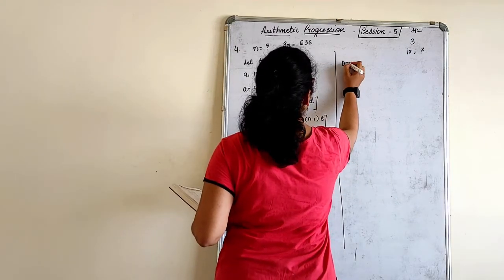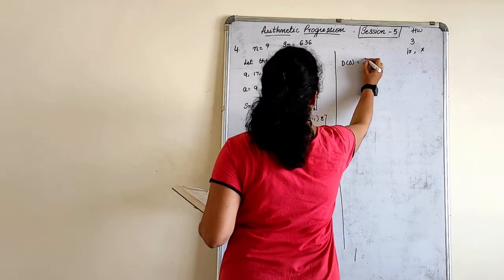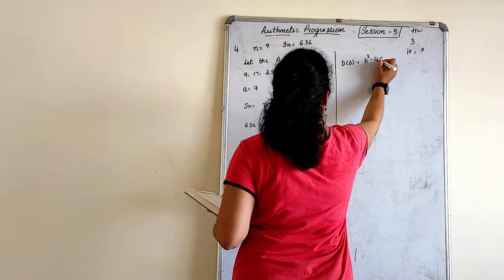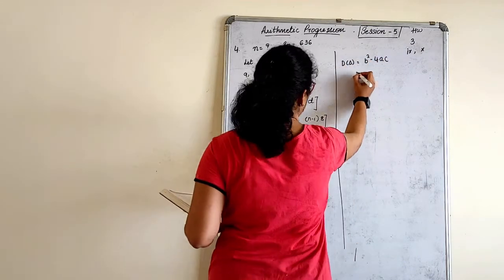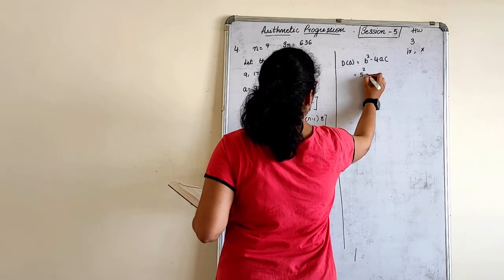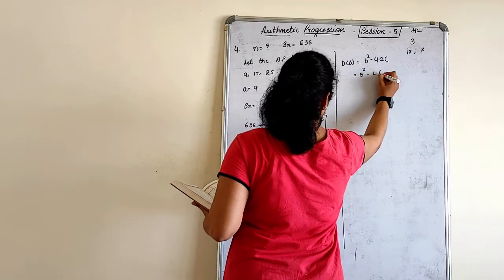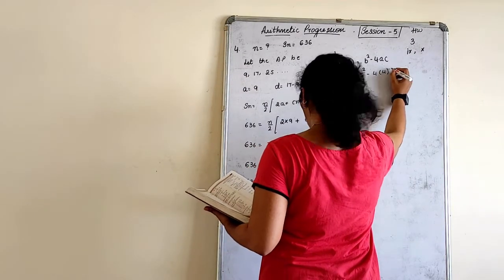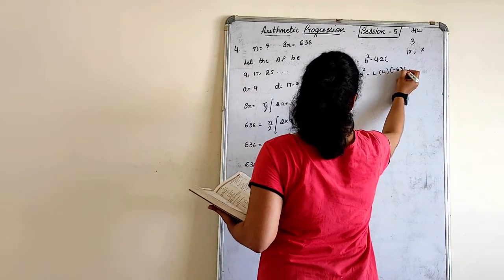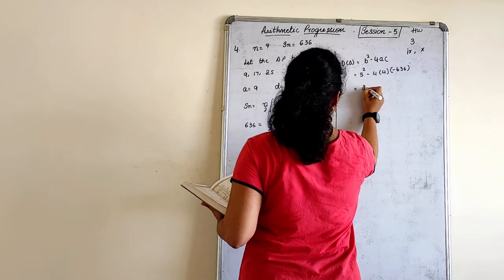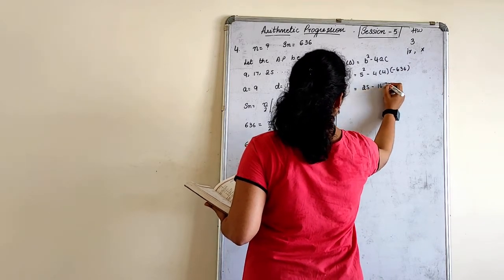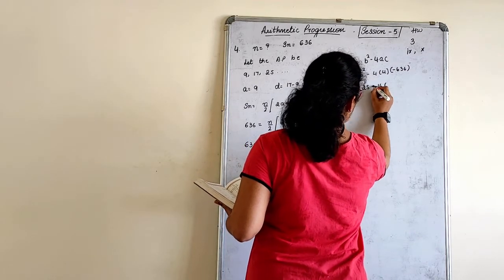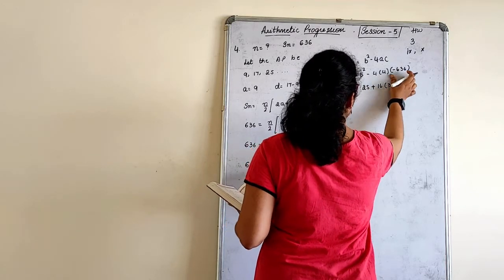So the discriminant, which is nothing but delta, is equal to b square minus 4ac. 5 square minus 4 into 4 of minus 636. 25 minus 16 into minus 636, minus minus becomes plus.